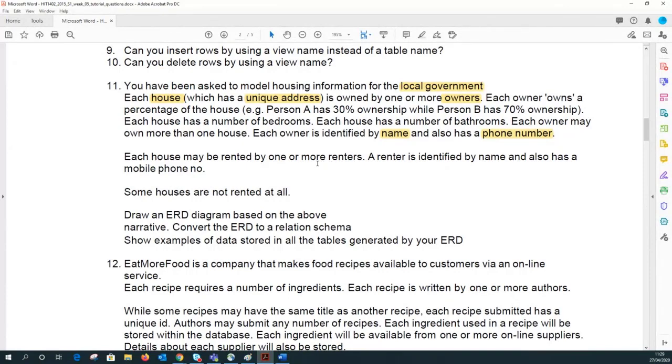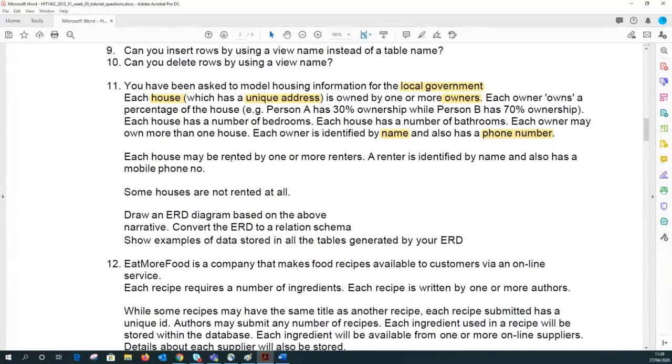Each house may be rented by one or more renters. So there are renters, and renters are renting the houses. A renter is identified by the name and also has a mobile phone number.